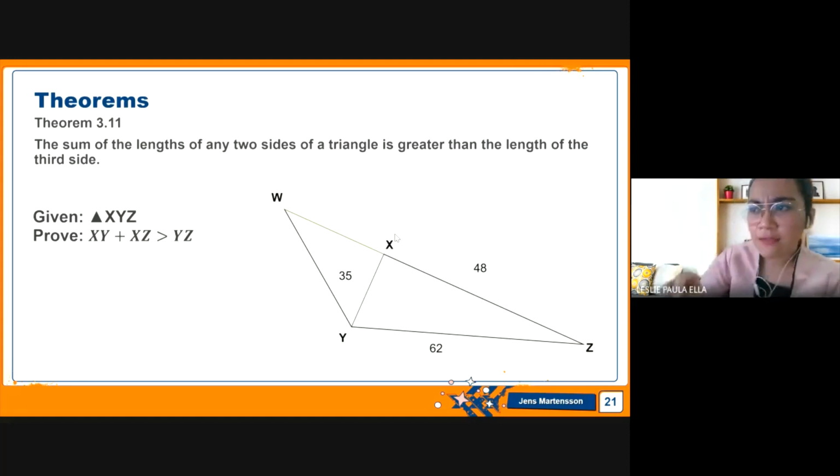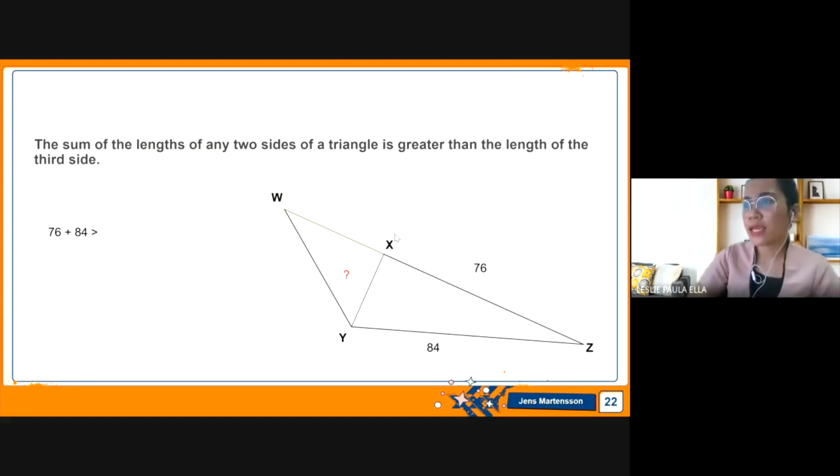So let us have an example. I want you to give me a number that will satisfy the statement. Here we have the value of XZ as 76 and YZ as 84. So if we add these numbers, the side XY should be less than the sum of 76 and 84.